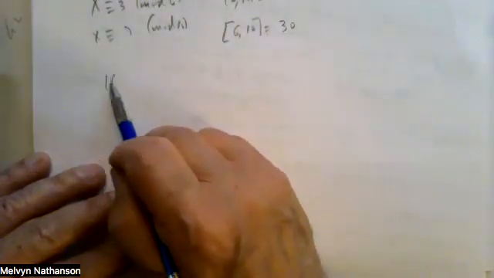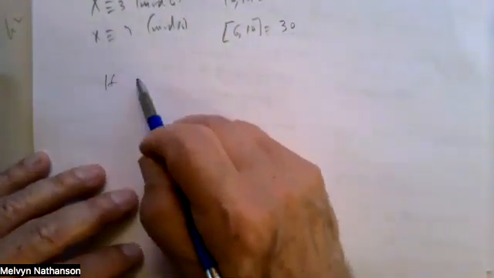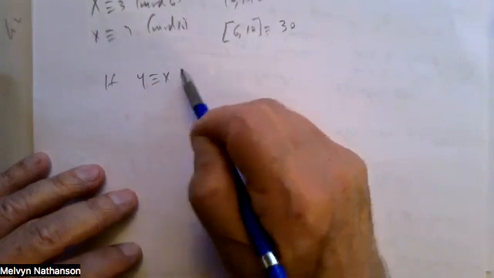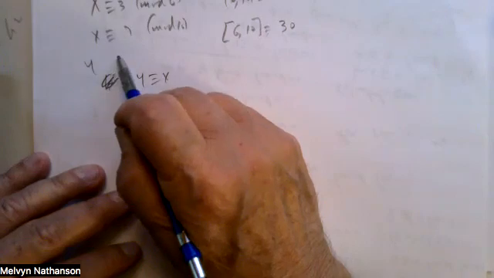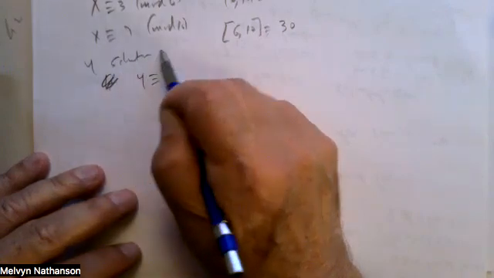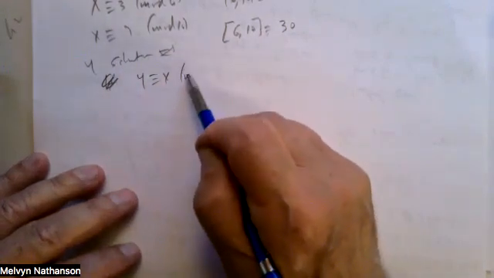So if x is a solution, another integer y is a solution if and only if y is congruent to x mod 30. So you have a whole congruence class of solutions of this pair of congruences. And that's the first form of the Chinese remainder theorem.